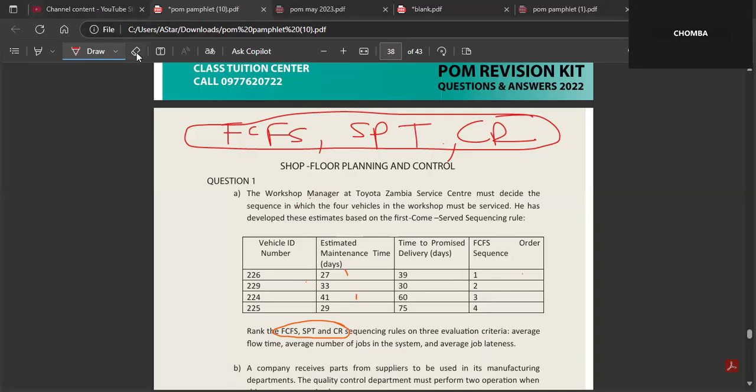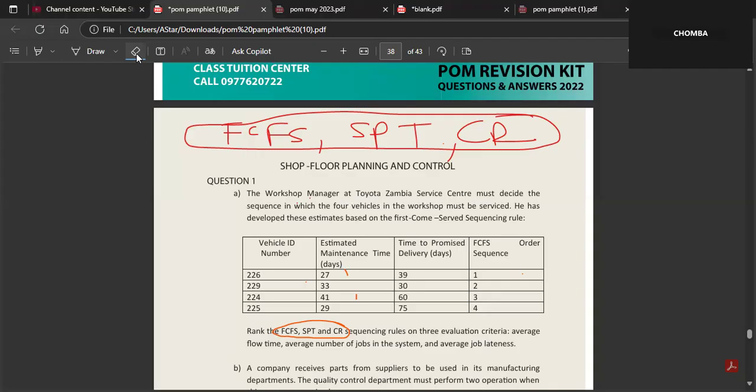Okay, now for first come, first serve, what is the critical ingredient there? We just don't tamper with it, just do it the way it is. That's the way the jobs are, so just work them the way they have come. If there is one person who has come ahead, attend to the first person who came. That's first come, first served. That is what we use in an organization.